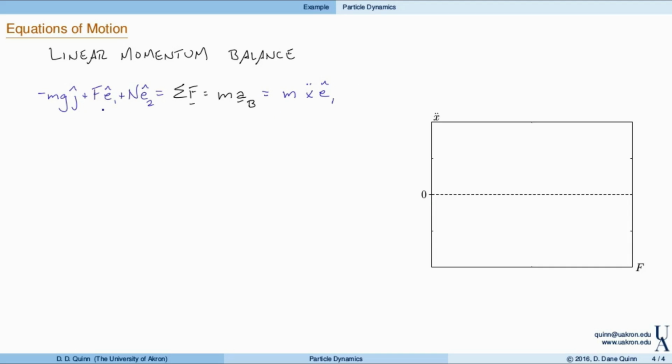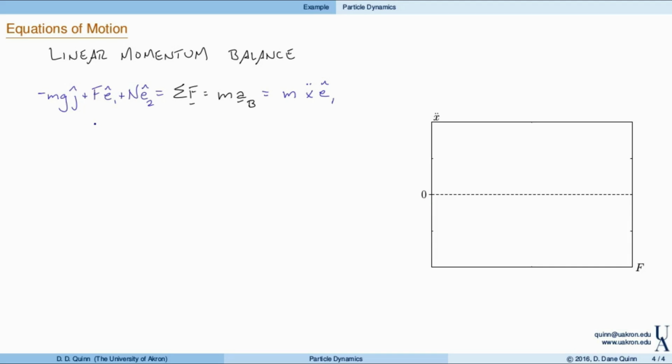So now, the left and the right-hand side represents linear momentum balance applied to the block. And notice that this is a vector equation. Right? Each of these terms is a vector. The acceleration is a vector. So vector equations have two components.